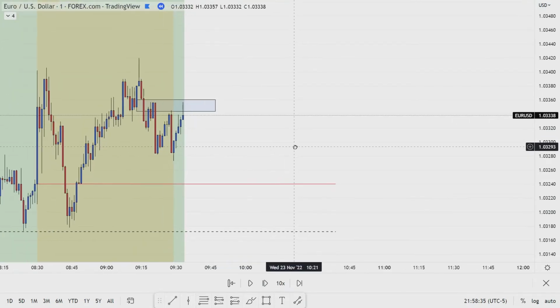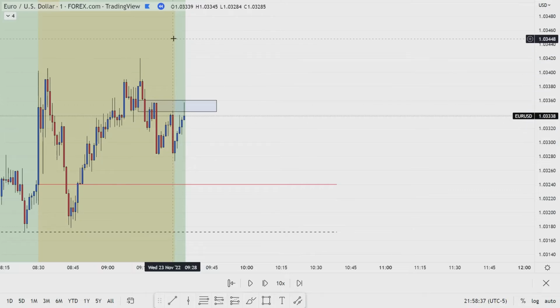So like this, 9:30 opening happened and it went back into the imbalance. So volatility from 9:30 opening with this candle and then goes back up. But then it touches that imbalance again, and now we're after 9:30.